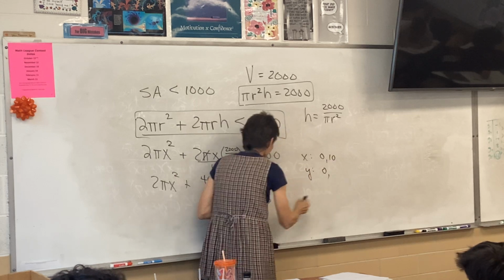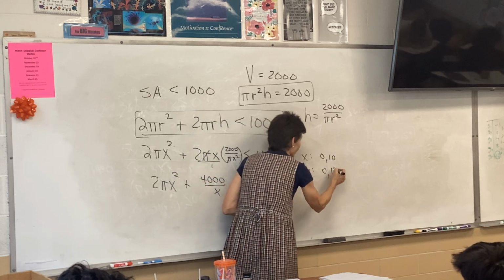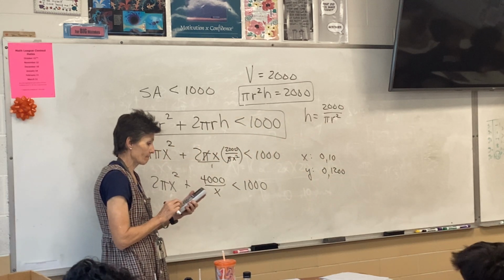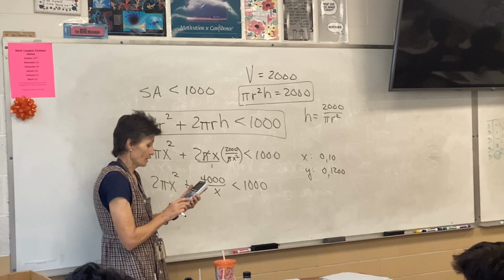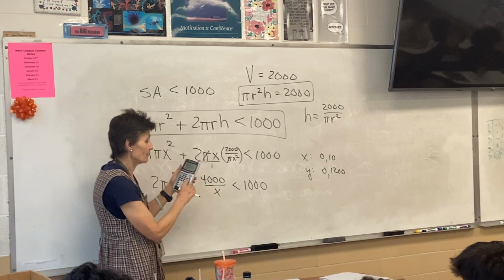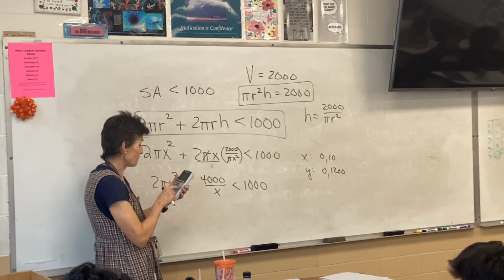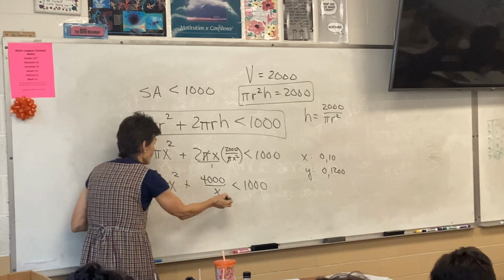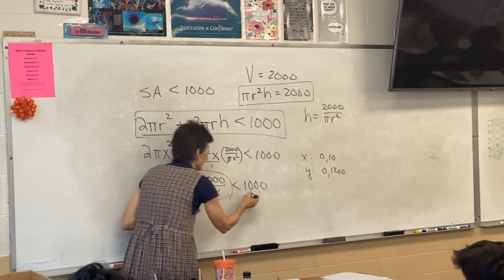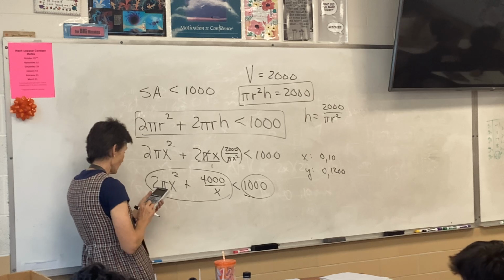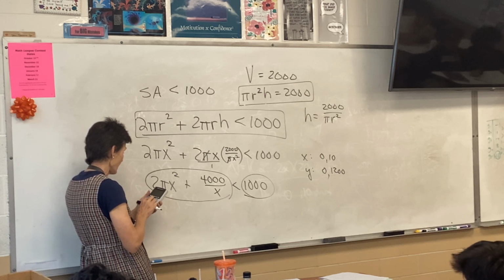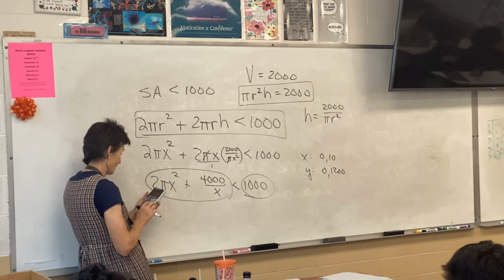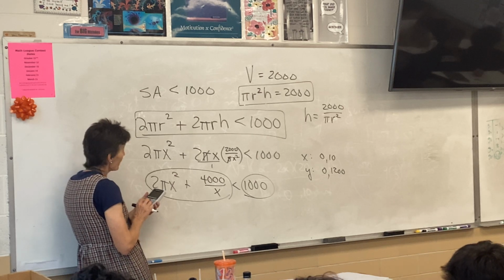My Y's, I'm gonna have to have 0 to maybe 1,200. Where's pi? Oh, I see it. Right under the clear button. All right, so I'm gonna type in that equation. This is gonna be one equation, and then I'll type in 1,000 for the other one. So 2 pi x squared plus 4,000 divided by x, and then 1,000.